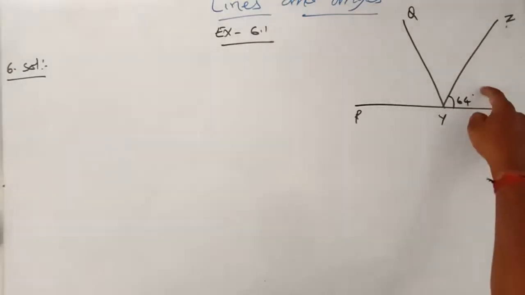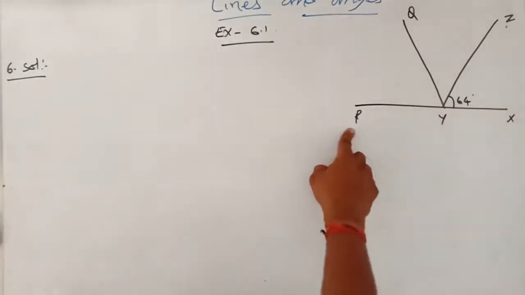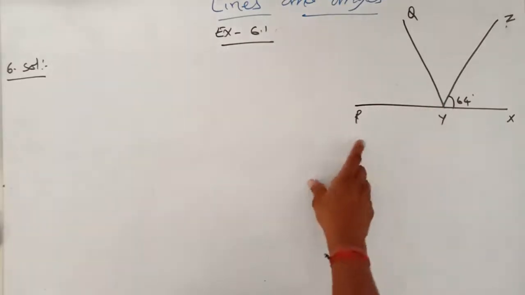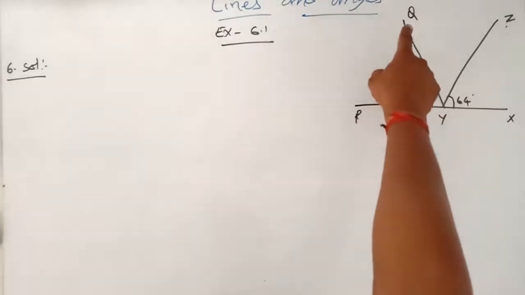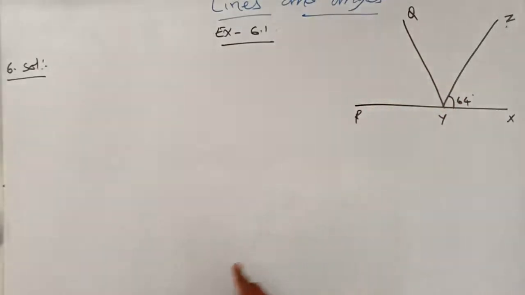Children, the next question is: it is given that angle XYZ is equal to 64 degrees and XY is produced to a point P. Draw the figure by the given information. If ray QY bisects angle ZYP, then find the value of angle XYQ and reflex of angle QYP.